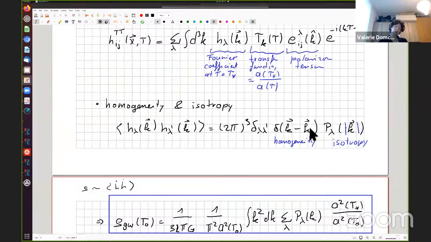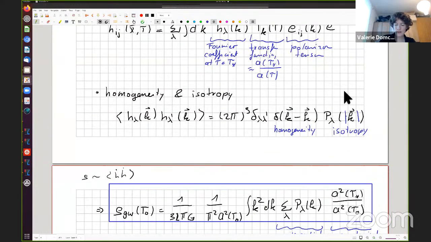This is a very good question, right? Because here the notation is a bit sloppy. So this homogeneity and isotropy statement is true essentially for any 2-point function of any cosmological perturbation, right?